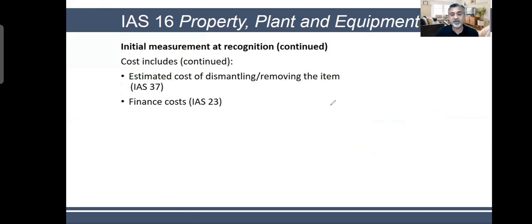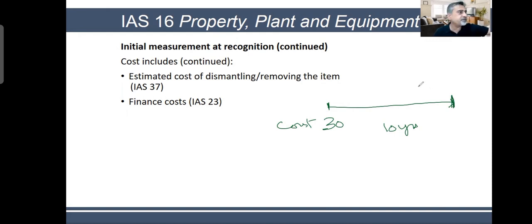Now that's a very small amount, and that is an amount which I have to pay after 1 week. But many times, you construct a factory on land you take on lease for 10 years. Your construction cost of the factory is, I don't know, 30 million. But then the contract says that at the end of 10 years, you have to remove it and return the land in its original condition.